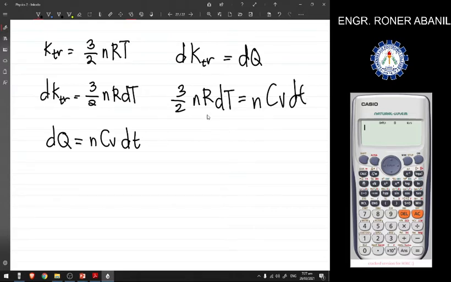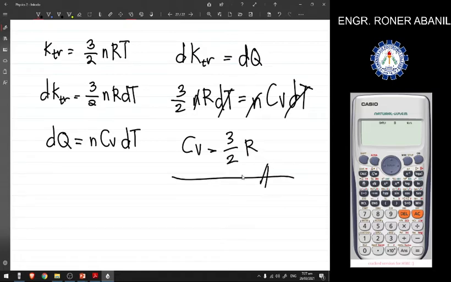Okay? Ayun, makaka-cancel out ngayong n. Yung dT, cancel out na. And ang mangyayari dito is Cv equals 3/2 R.